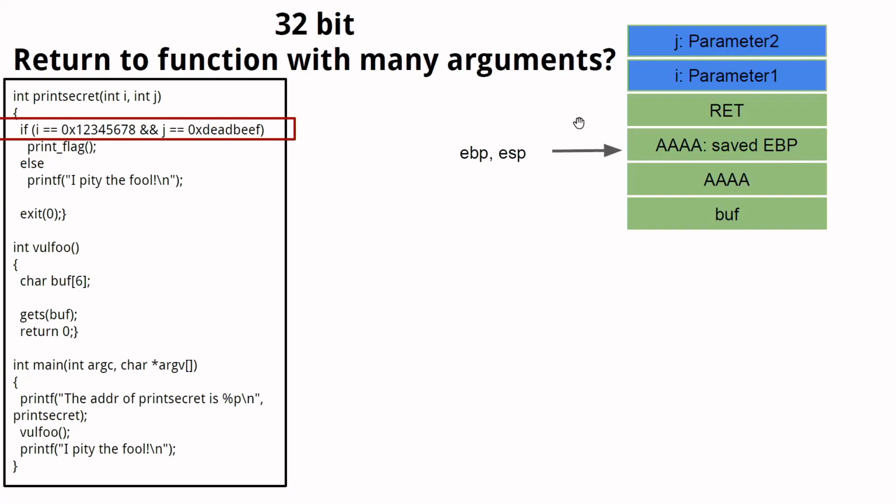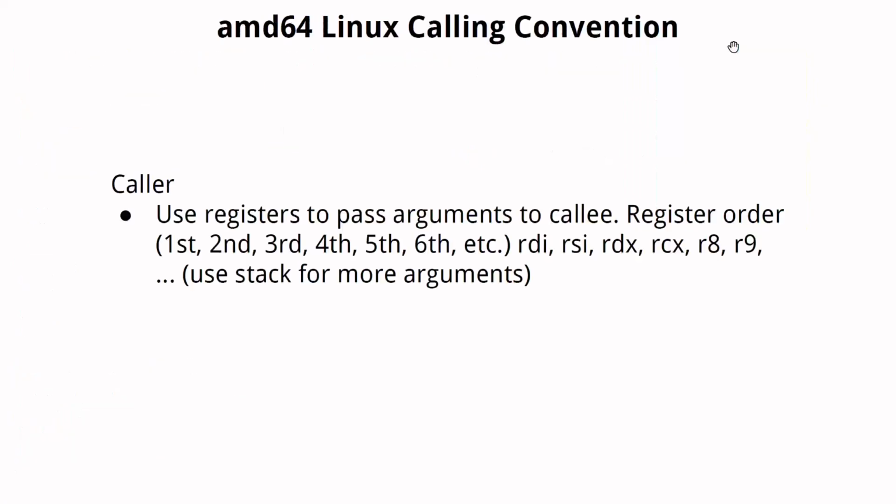In the 32-bit version, we already know what the stack looks like. There's the buffer. There's the saved EBP, the return address. 4 bytes higher than the return address, we have I and J, right? But they're on the stack. However, for the 64-bit version, I will be in the register RDI, and J will be in the register RSI.